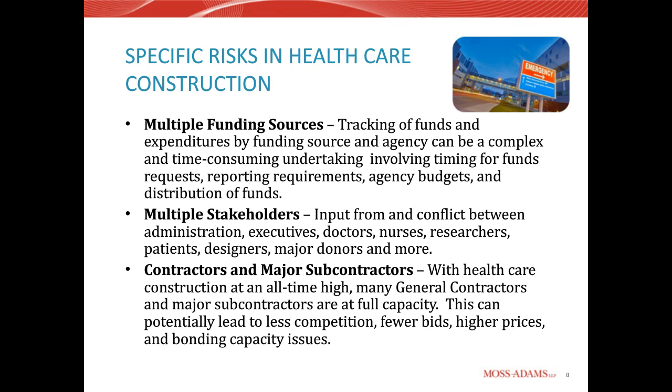So we have our second polling question, and it is, what is the most significant risk of your organization's project? We'll give you about 20 seconds to respond. Okay, a couple more seconds.